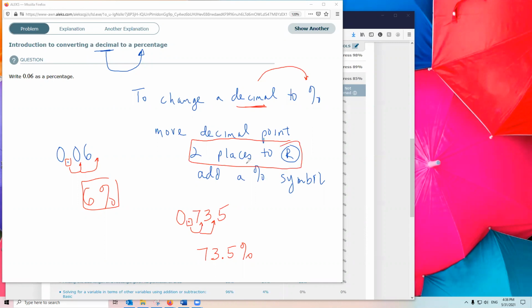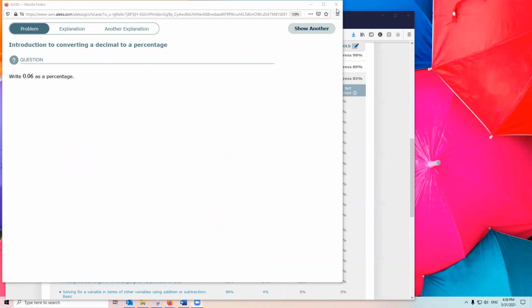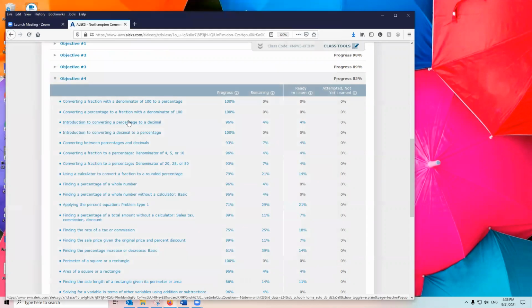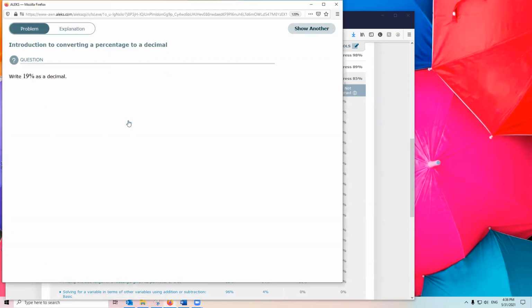All right, well, let's go the other way. What if you're going from a percentage to a decimal? Well, that's going to involve moving the decimal point 2 places to the left. So we're going to do the opposite for changing from a percent to a decimal. So here is the rule to change a percentage to a decimal.